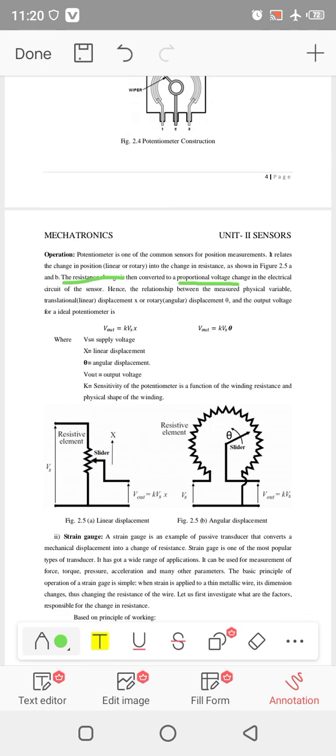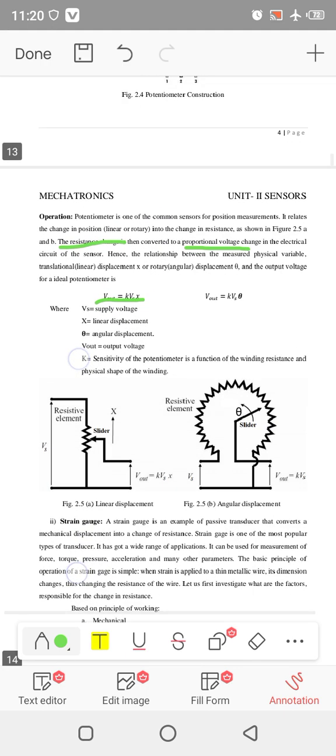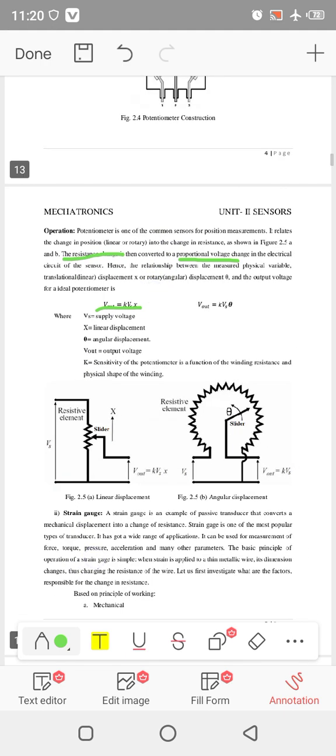For linear displacement, as in figure 2.5a: output voltage equals K, the sensitivity of the potentiometer, times Vs, the supply voltage or initial input voltage, times x, the linear displacement. For angular displacement, the output voltage is K, the sensitivity of the potentiometer, times supply voltage times angular displacement. By using these relations, we can get the output voltage.